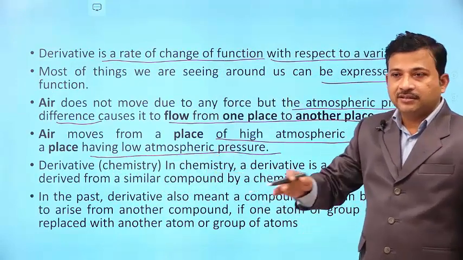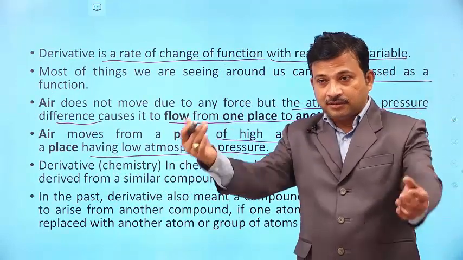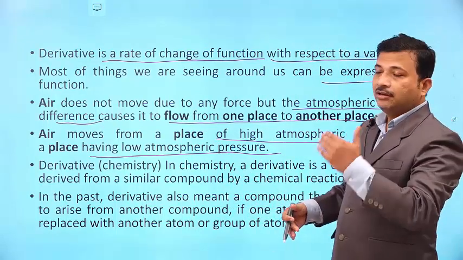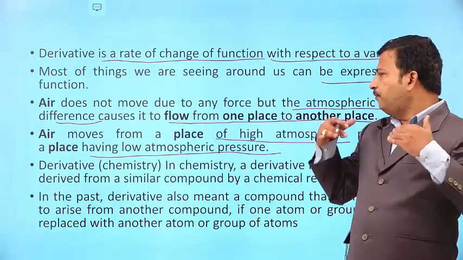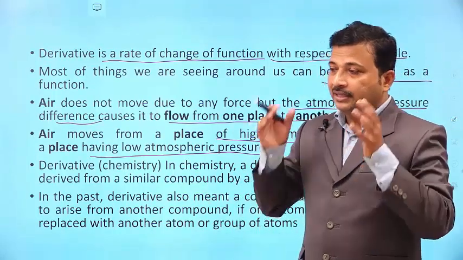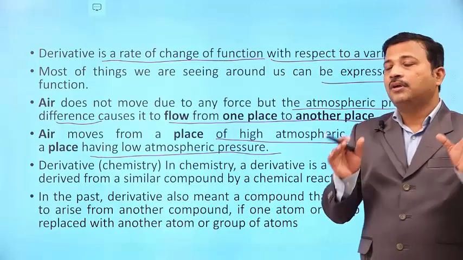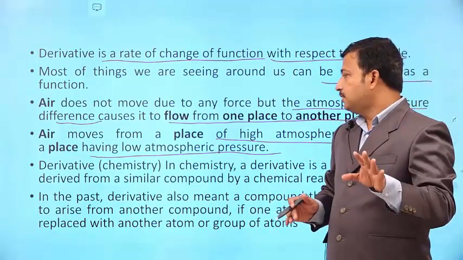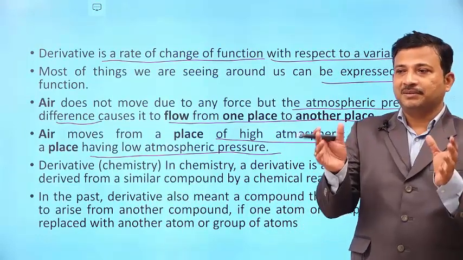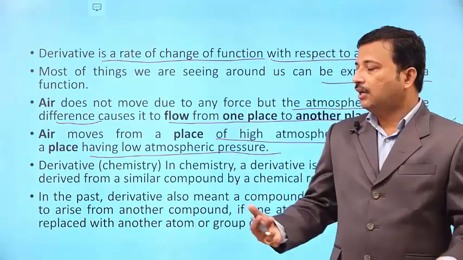Pressure difference, the rate of changing of pressure from one place to another, will be there, then air flows. So wherever you are measuring a rate of change, in that case we must use the differentiation.